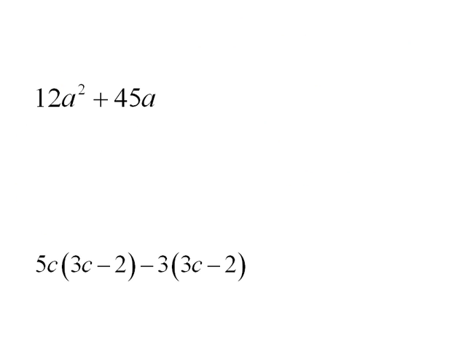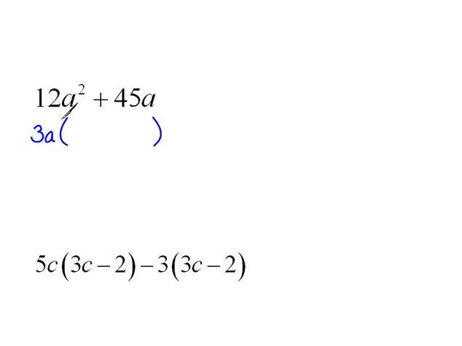Let's do another one. Here we have 12a squared plus 45a. Can we see what we have in common here in both of these terms? Well, it's very apparent that they both have a's. And as far as numbers, we can pull a 3 out of both of those terms. So I'm going to factor out a 3a.